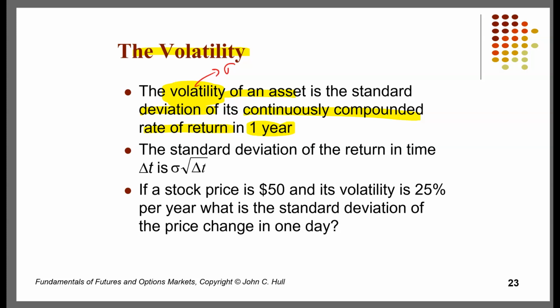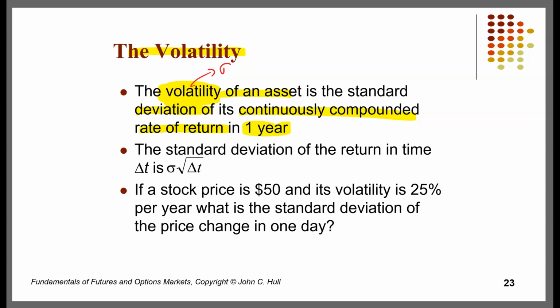And the standard deviation of the return over a period of delta t is equal to the standard deviation multiplied by the square root of delta t. This is just a byproduct of something that we've been working with so far.